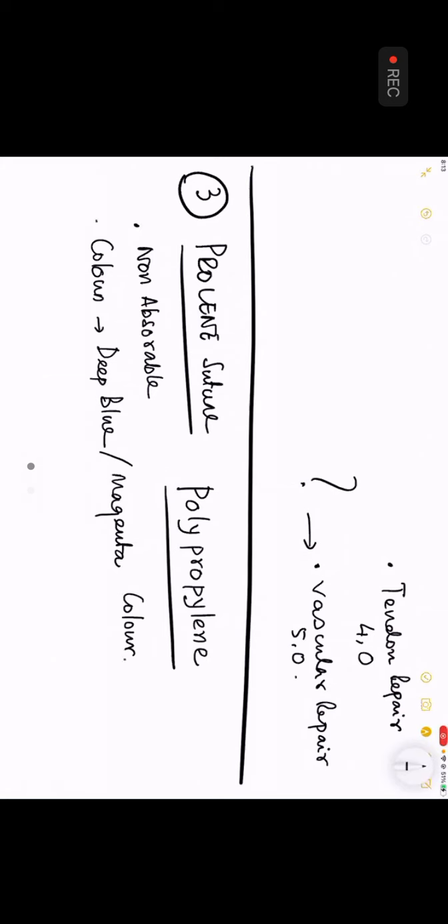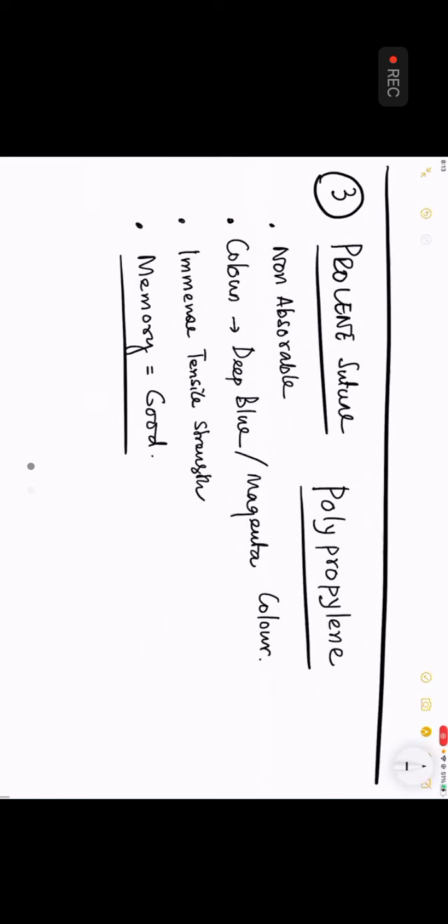The suture has an immense tensile strength. Remember that. It has an excellent memory. That means what is good in this suture is tensile strength is very good, memory is also good.